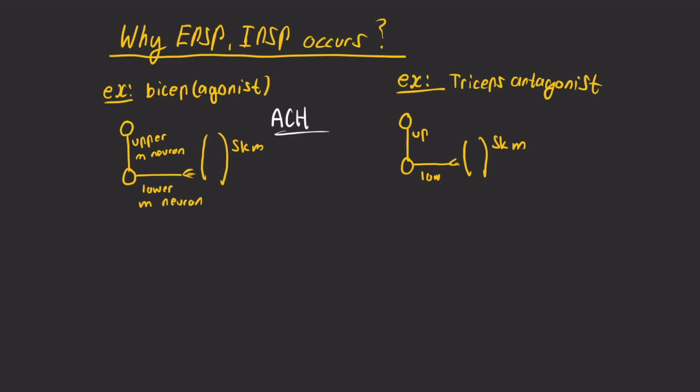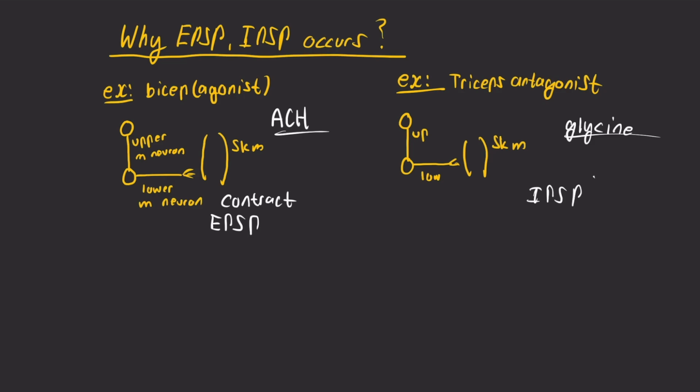So let's say here you want your bicep to contract. This is, let's say, our excitatory postsynaptic potential. And let's say here, glycine is your neurotransmitter. You have an inhibitory postsynaptic potential.